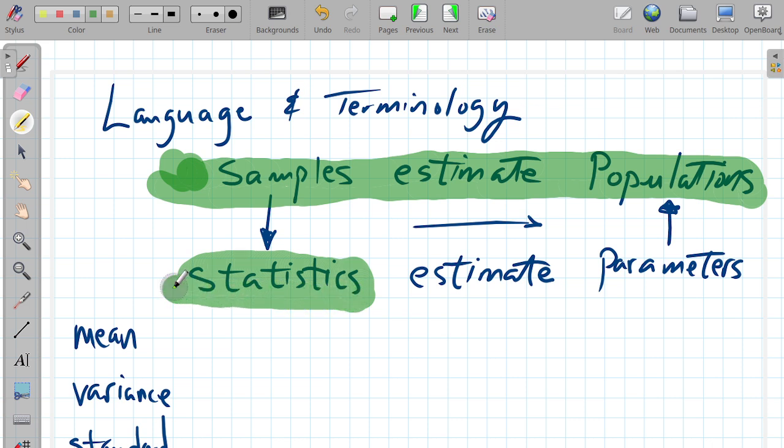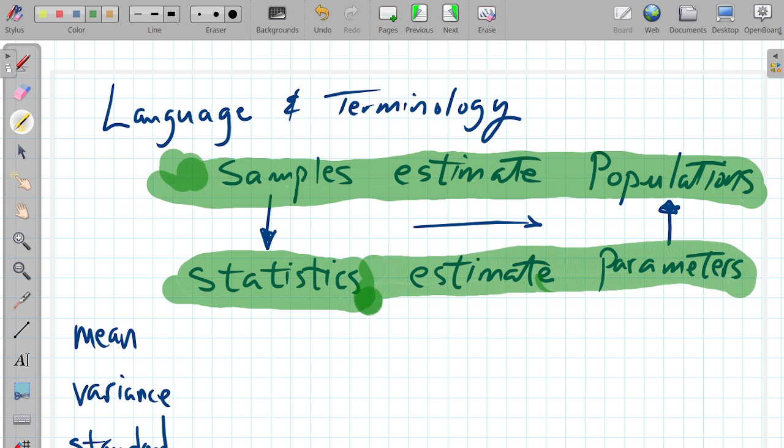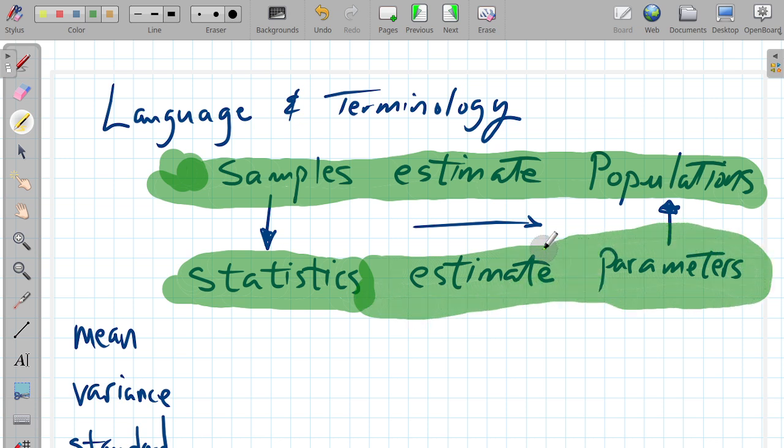So if I talk to 100 people and I find out the average age is 35, that's a statistic. Now, what do I do with a statistic? A statistic is used to estimate a parameter. Now, the parameter is the characteristic that associates with populations.